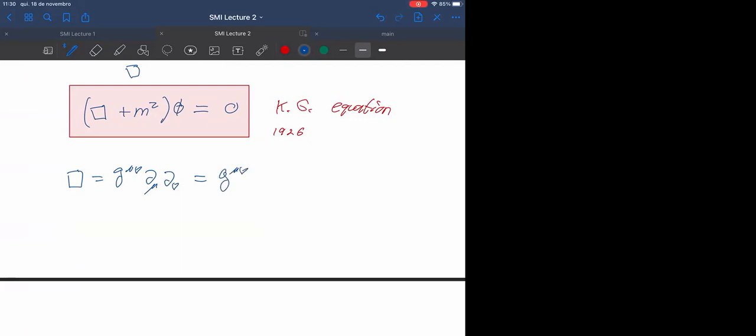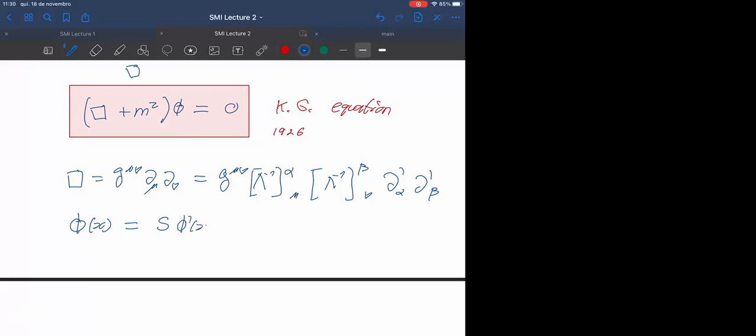You can write now lambda minus 1 alpha mu, lambda minus 1 beta nu, d prime alpha d prime beta, right? And phi, which is a function of x, is transformed via some S, which we don't specify. It's S phi prime of x prime.